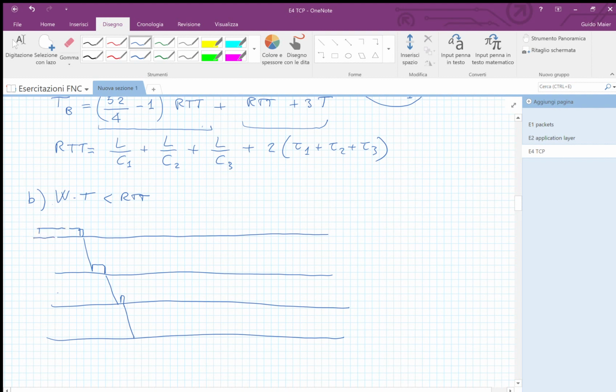This will be the round trip time. Now we know that the window is 4 times T1. So this is what happens. The first ACK, the ACK on the first segment, arrives before the window is transmitted completely, and therefore the transmitter will go on sending packets until we arrive to the last segment.